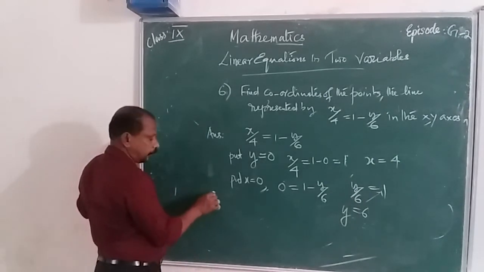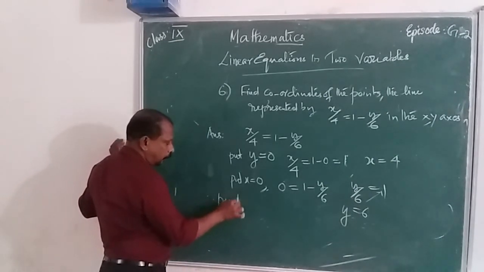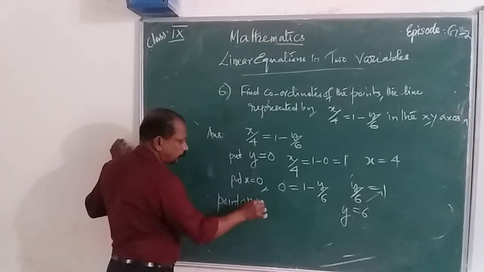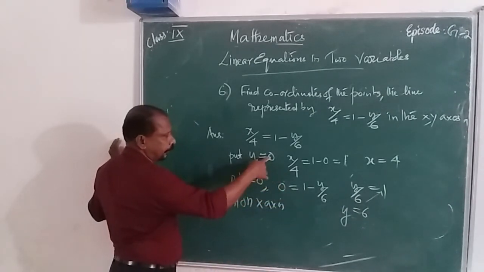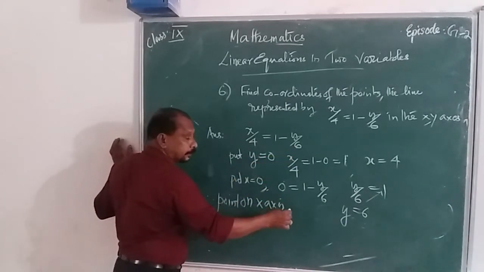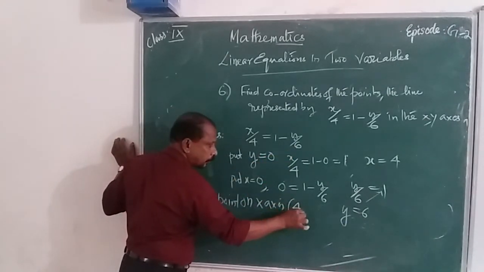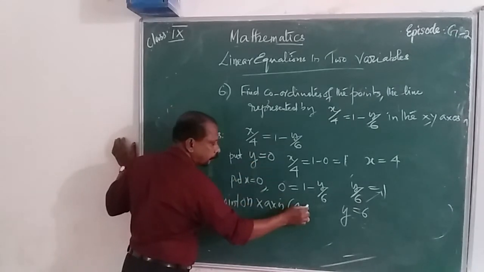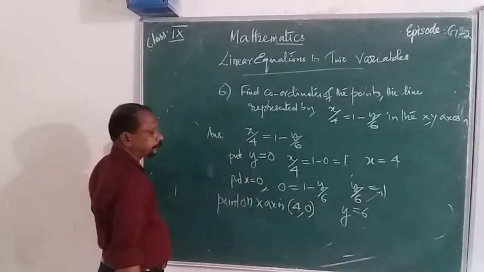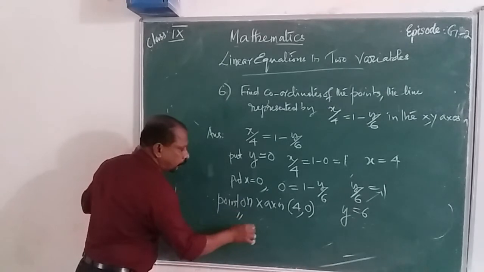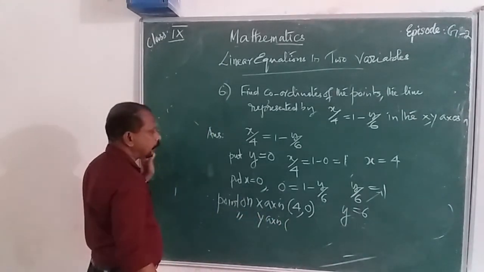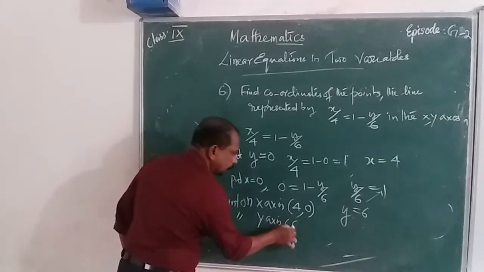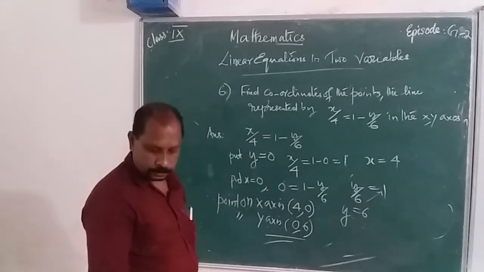Therefore, the final answer is: the point on the x-axis is (4, 0). First term is the x coordinate, second is the y coordinate. And the point on the y-axis is (0, 6). That is the answer.